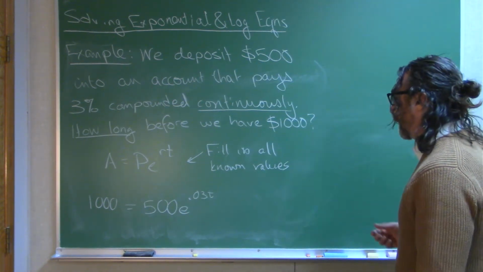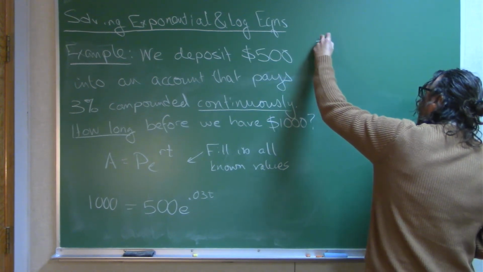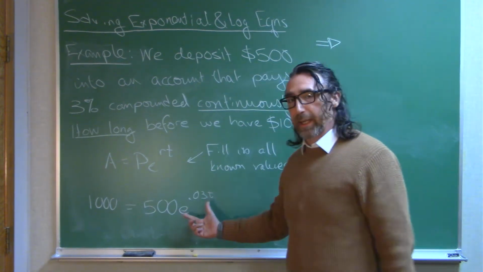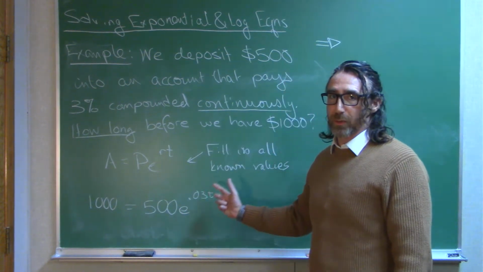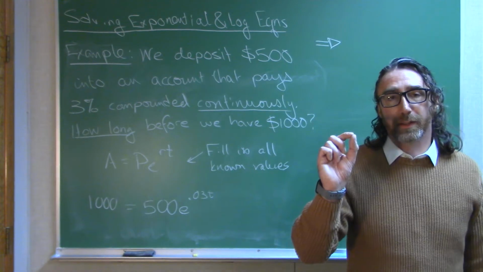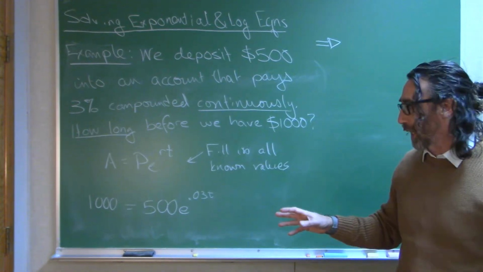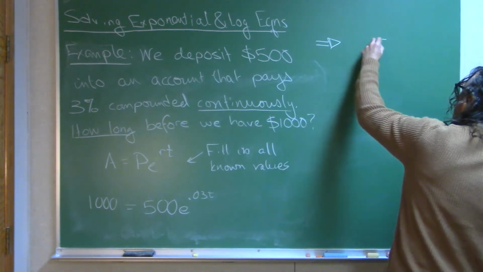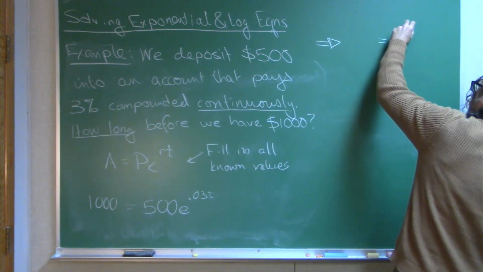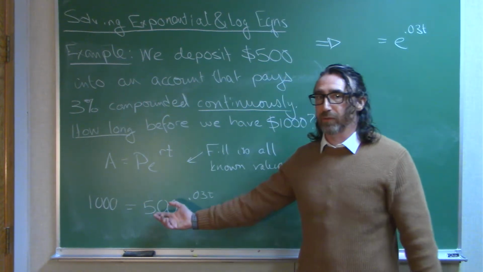So what I would do is start by isolating e to the 0.03t. Remember our strategy. Isolate the quantity with the unknown exponent. Get that by itself on one side. All right, so if I want e to the 0.03t by itself, I have to get rid of this 500.